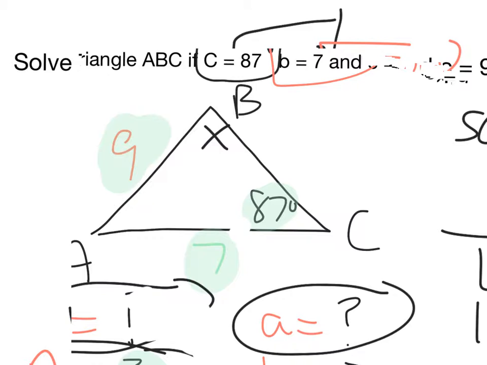Now we're going to look to see if we can use the law of sines. In order to use the law of sines, you need to be given one matching set of side angles and then one half matching set of side angles.